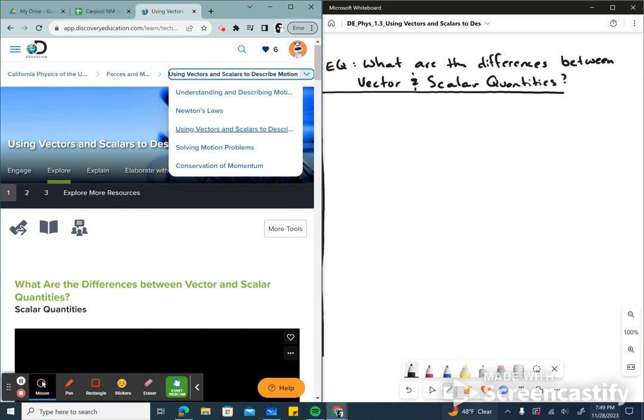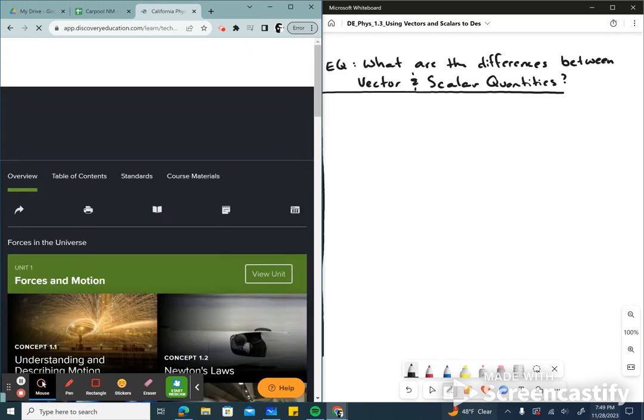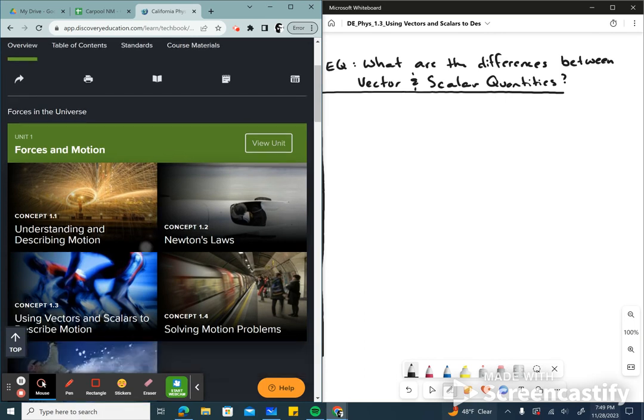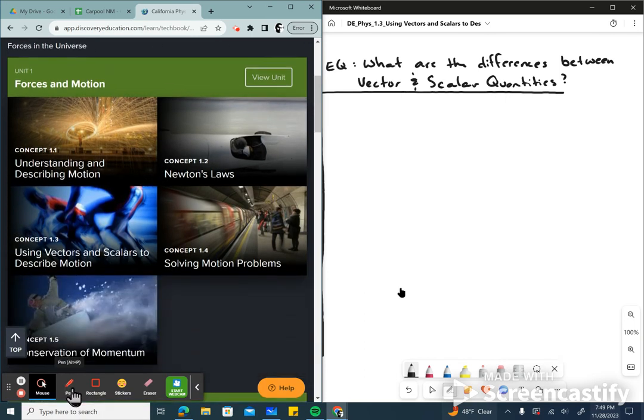The name of this unit is Forces and Motion, and here we are on concept 1.3. That just helps orient you, okay?